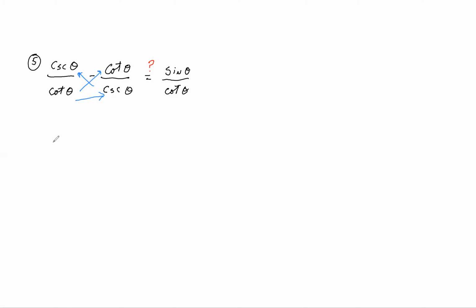And the LCD will be cotangent times cosecant. We apply the cross multiplication, and we got cosecant square minus cotangent square.